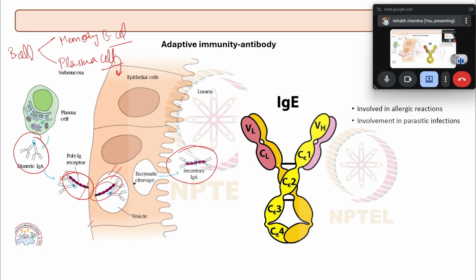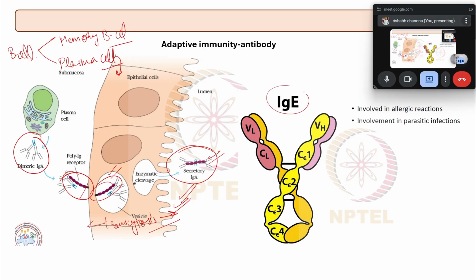So this is called transcytosis, that is only seen in case of the IgA secretion, where it binds to one end of the epithelial cell and gets secreted on the other end inside the gut. Okay, so this is a unique phenomenon that is observed only in the secretion of the IgA.